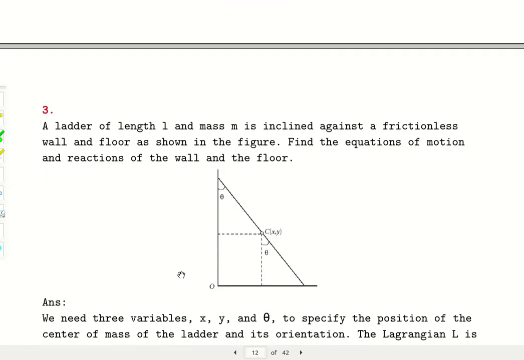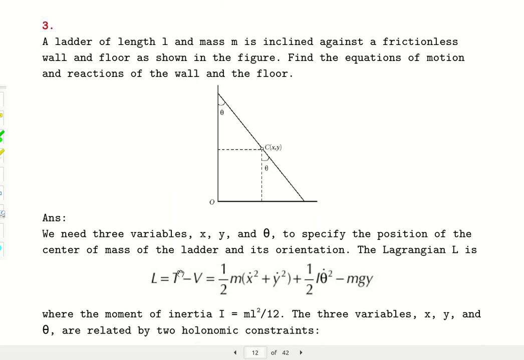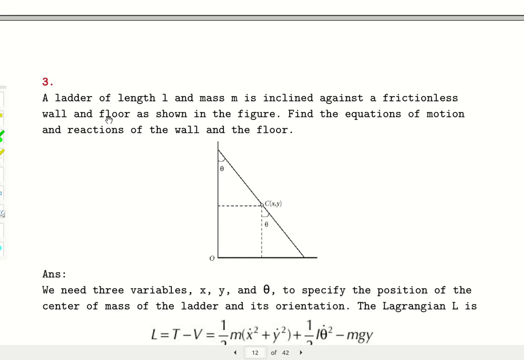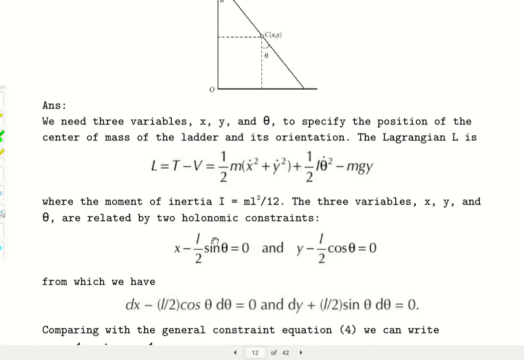Okay. The third example is a ladder, which is kept like this, and it is sliding. It is sliding, and the reaction force on the wall you have to find out.